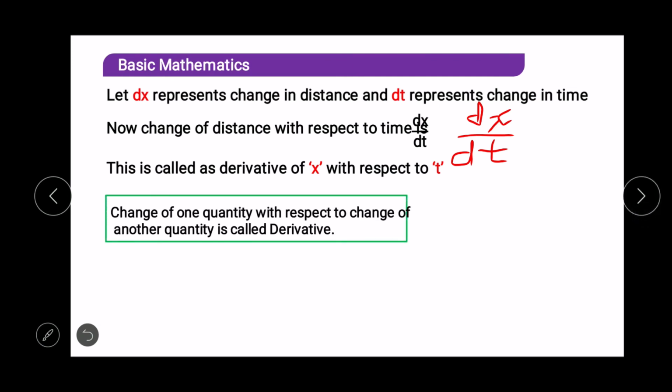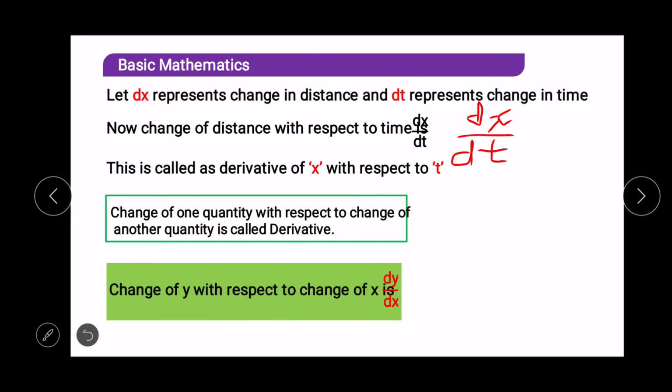Change of one quantity with respect to change of another quantity is called a derivative, and if we have change in y with respect to change in x, the derivative is denoted by dy upon dx.